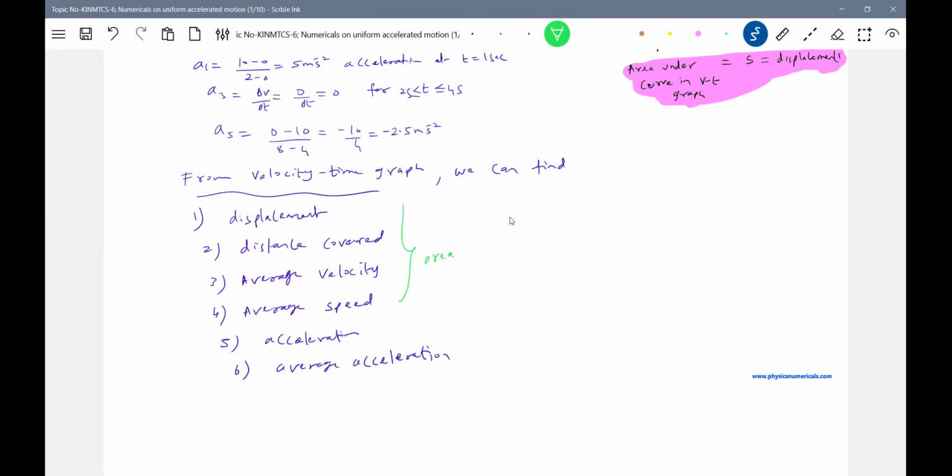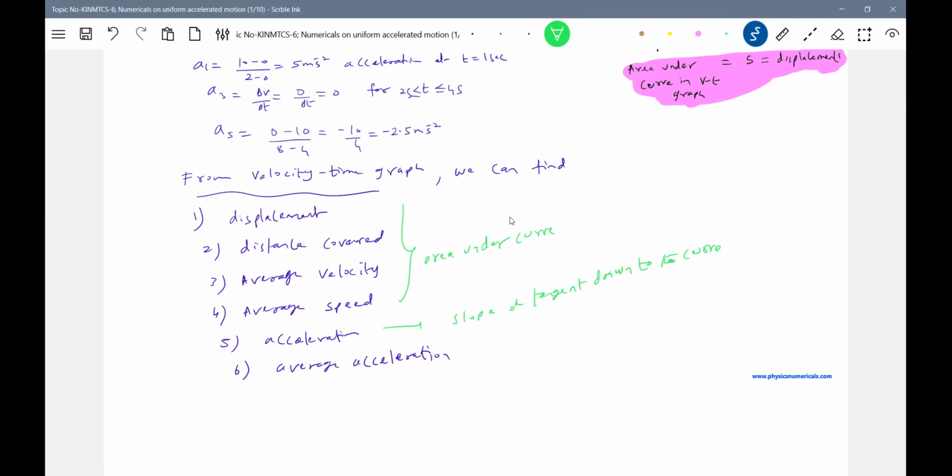Area under curve. So what about this? Slope of the tangent drawn to the curve. This is about the average acceleration. What we do is change in velocity by time taken, looking at the data.